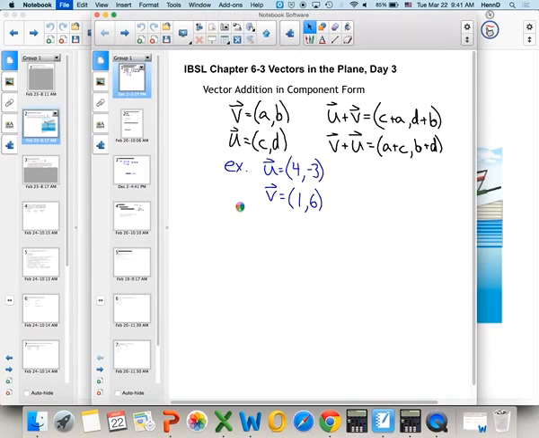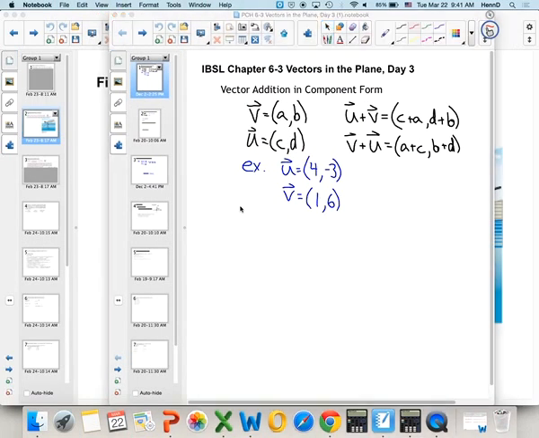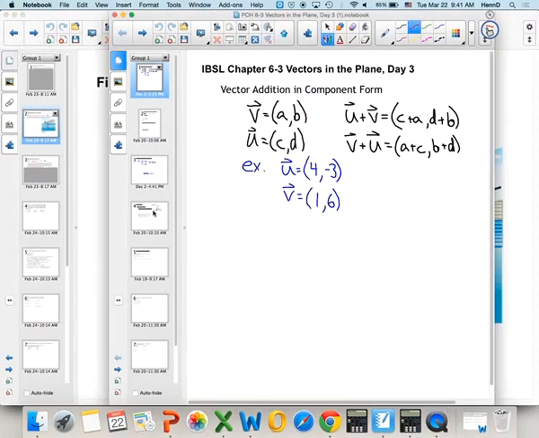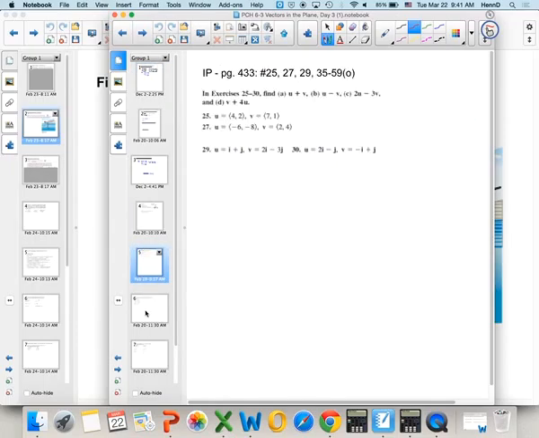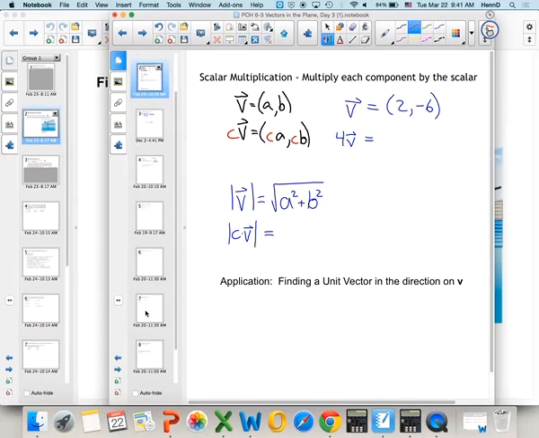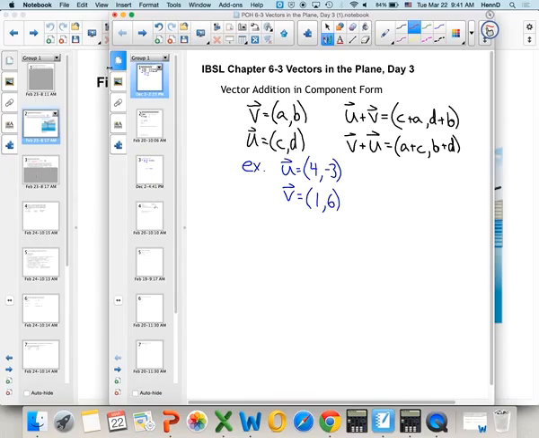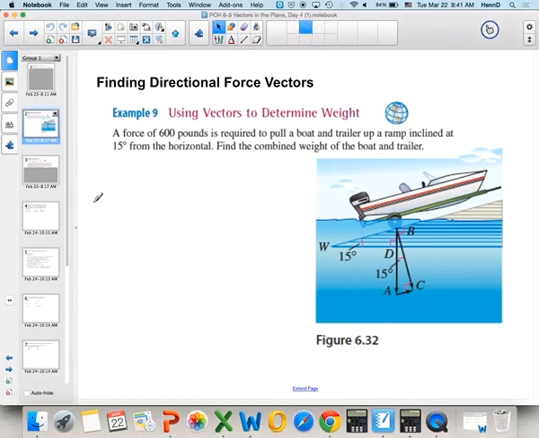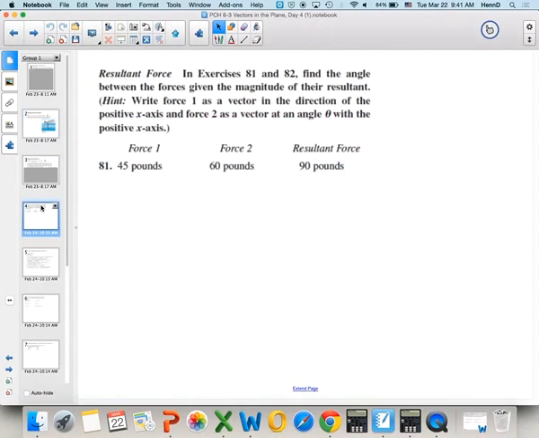Where we had to find the angle between the vectors. Oh, no, it was yesterday. Wait. Oh, why can I not find this? Oh no, this was it. Okay, this was it.